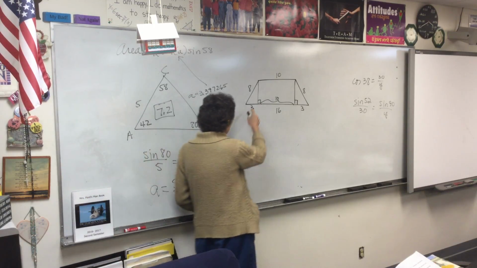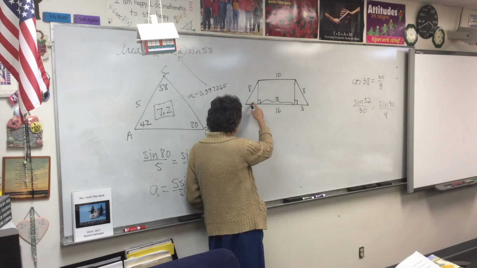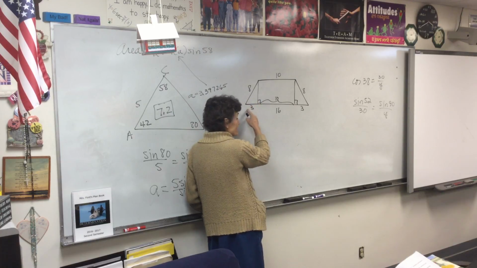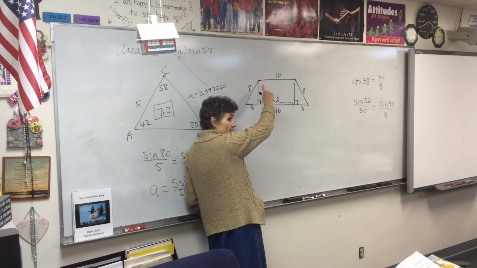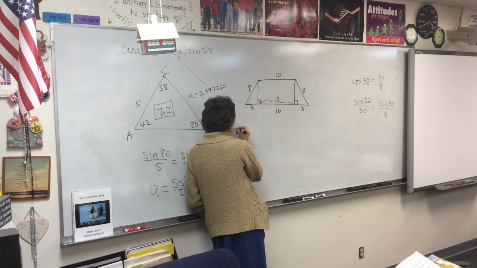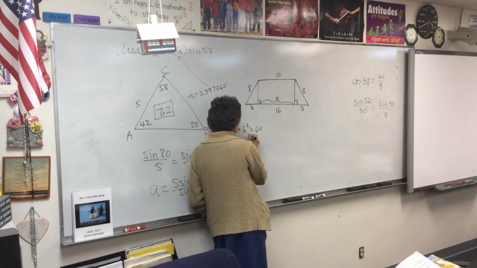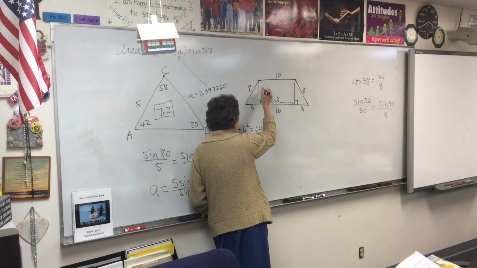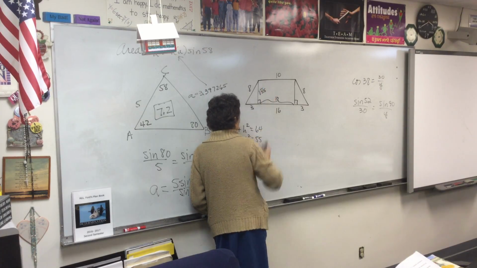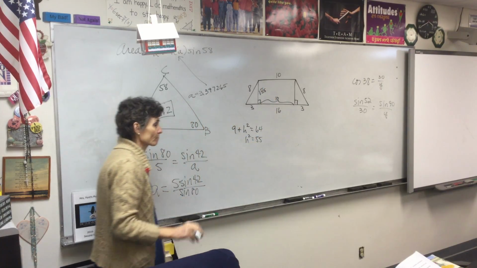And this is a right triangle, and I know 2 of the sides. So I can do the Pythagorean theorem to find this one. So 9 plus h squared equals 64. So h squared is 55. I got root 55, if I did my arithmetic right.